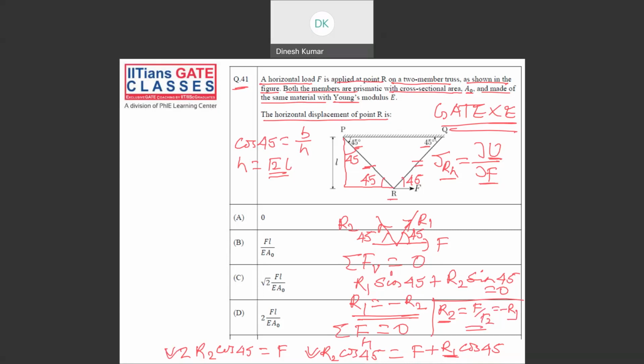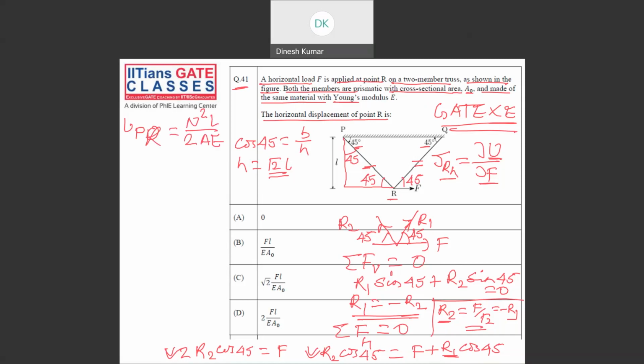Now we know the strain energy stored in member PQ. So UPR, your strain energy stored in member PR, we know it is N square L upon 2AE. Now we know the N is your R2.